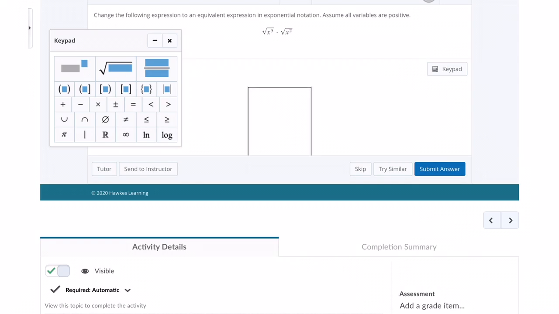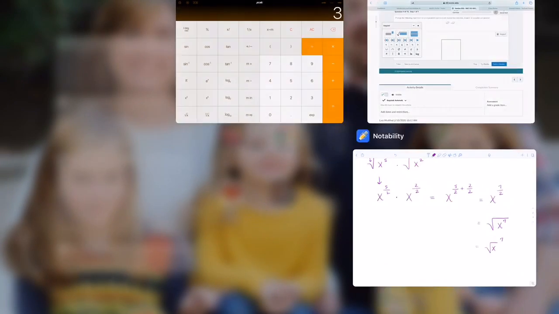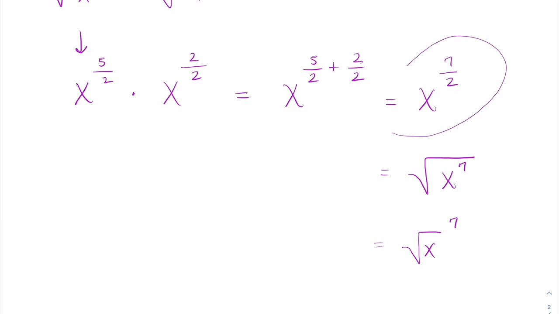So just watch for that. It'll either ask for exponential notation or it will ask for radical notation. I was trying to put mine in radical notation, but I should have entered this in exponential notation, which would have been x to a power of 7/2.